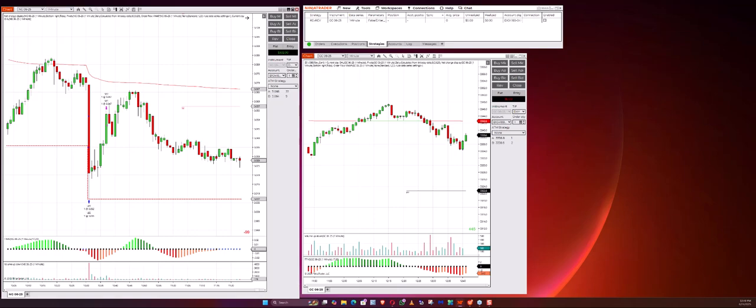You just go to the drawing tool, click on the ruler, click the top of the candle, click the bottom of the candle, and that shows you the amount of your move on that candle. The Y value, 62 ticks. Put that in your spreadsheet or whatever file you're using, and you now have that weekly spike.